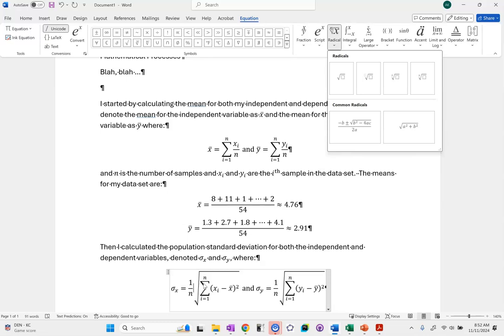So write it all first, square root, yep, and then in the box you'll put the sigma in there, and it'll automatically stretch it out and make it big so that it looks nice. And that's large enough. And then you just kind of keep going. You know what I mean?